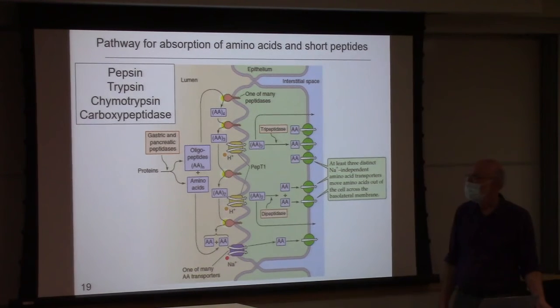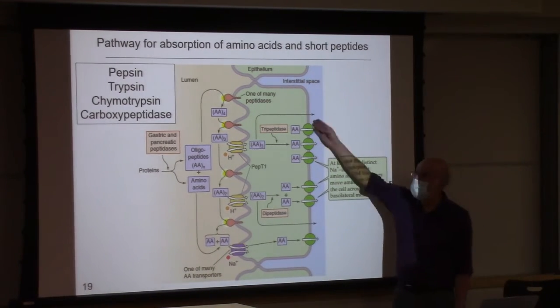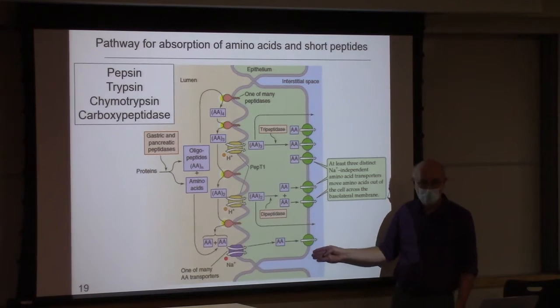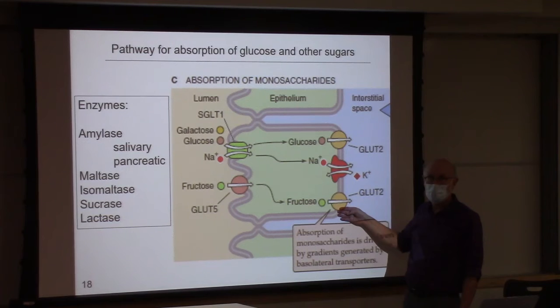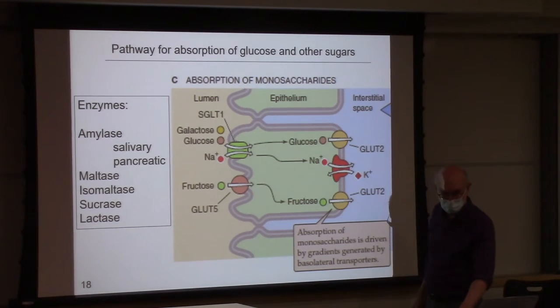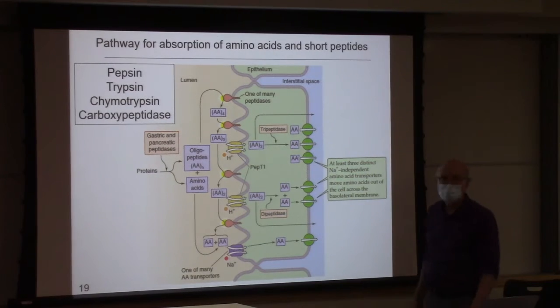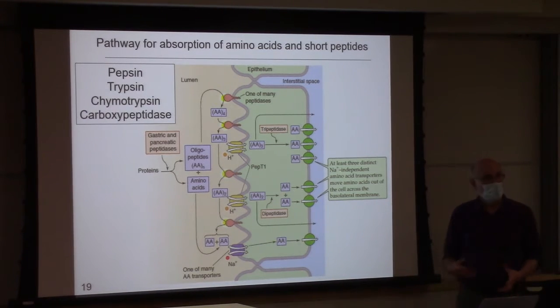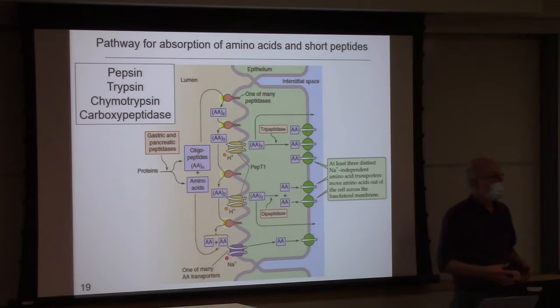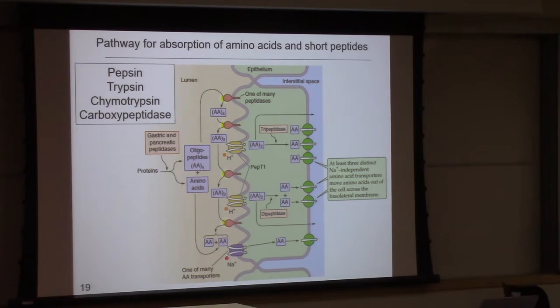Yes? That's passive diffusion? This is passive diffusion on the basolateral membrane. Similar to how this is passive diffusion on the basolateral membrane. So we have a mechanism. Do the tripeptidases and dipeptidases get produced inside the cytoplasm?